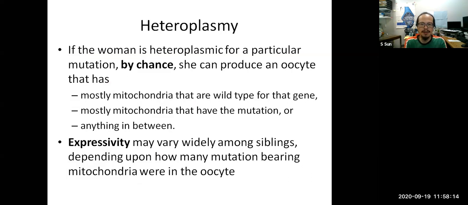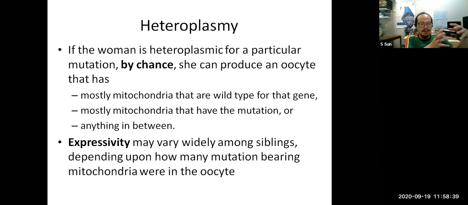This leads to another idea called heteroplasmy. It means that each egg, each oocyte, contains mitochondria, but the percentage can be different.